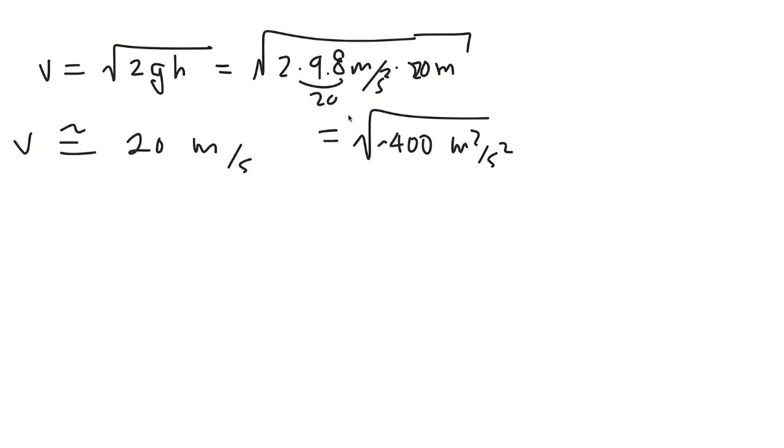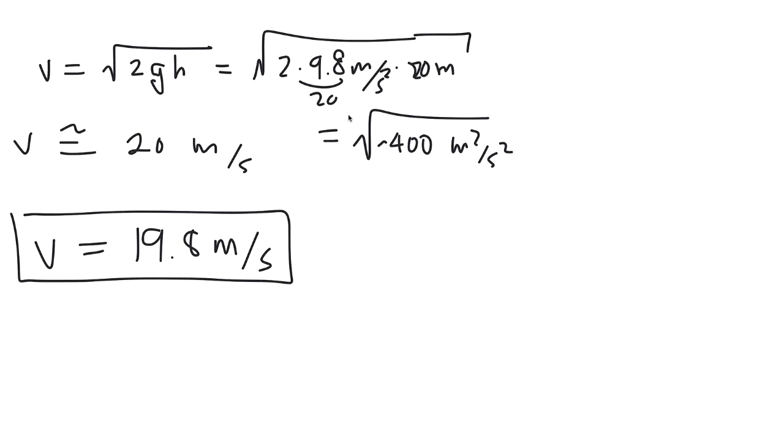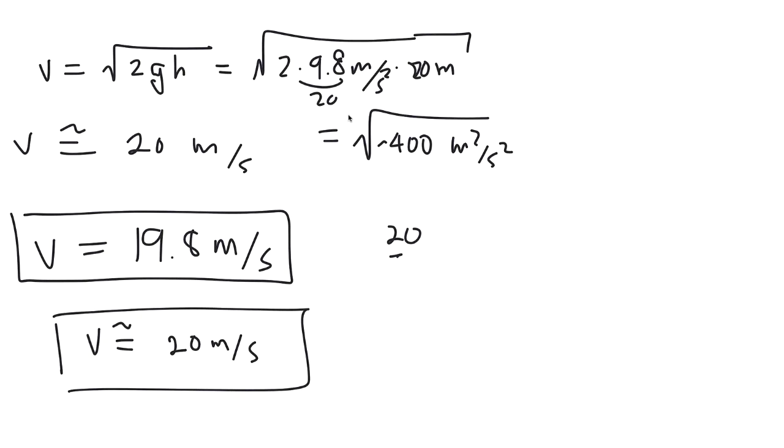Why don't I do that? 19.8 meters per second is the velocity if we cared about 3 significant figures. In this problem, it says it's 20 meters, so we only have one significant figure. So a very legitimate answer here would be 20 meters per second as the initial velocity.